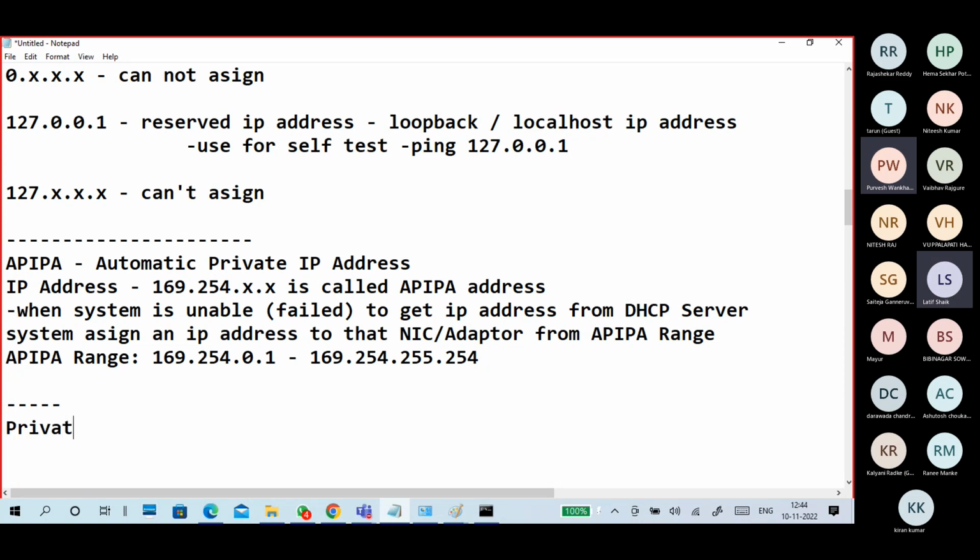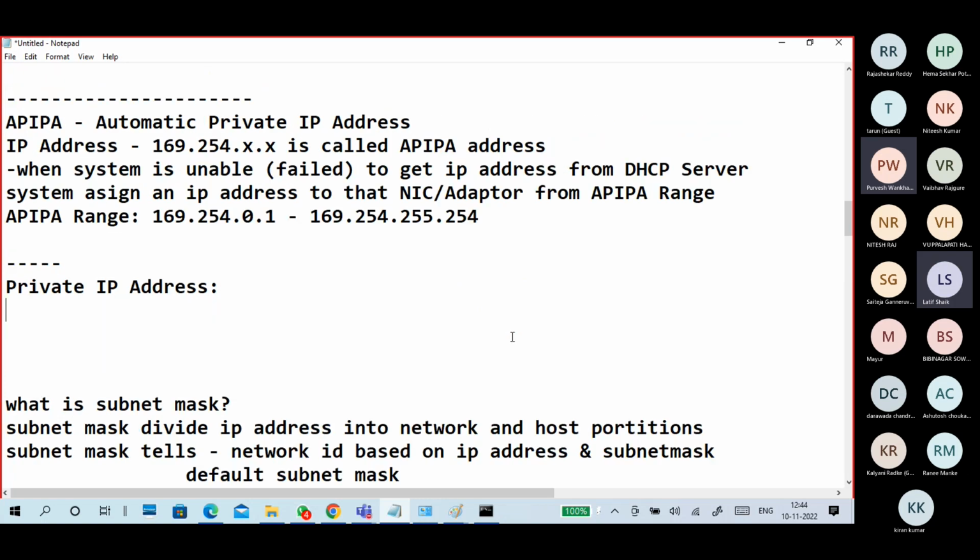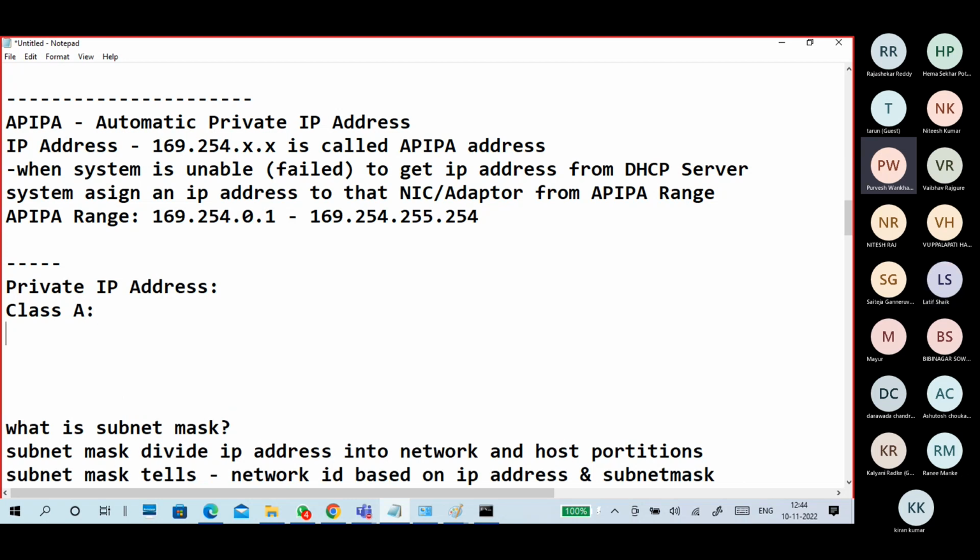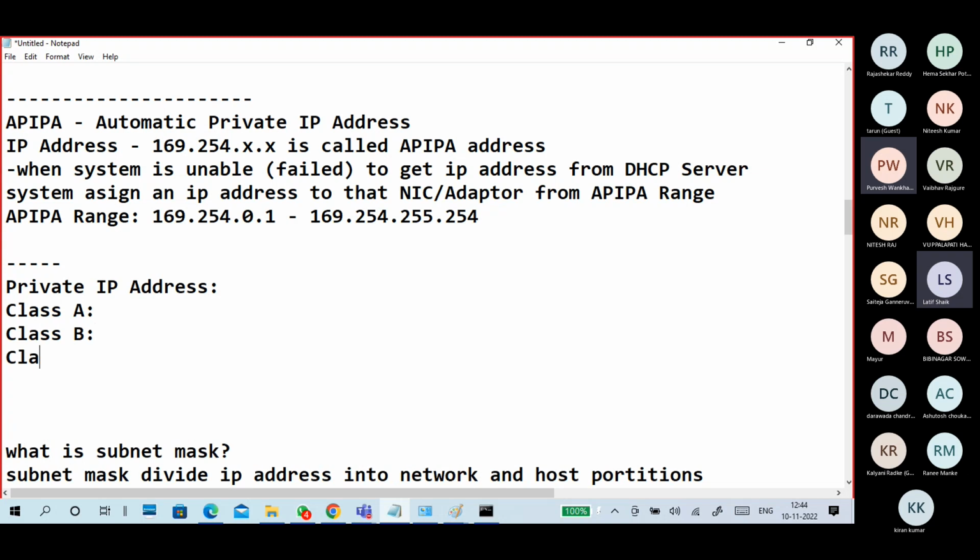What are private IP addresses? I'm telling now. Anybody remember? Then you can tell also. Class A is 10.0.0.0 to 10.255.255.255. You can use either the full range or the valid range; I'm using the full range.